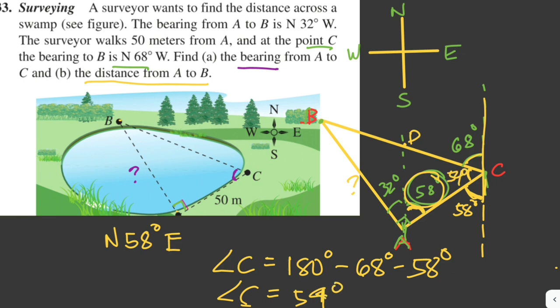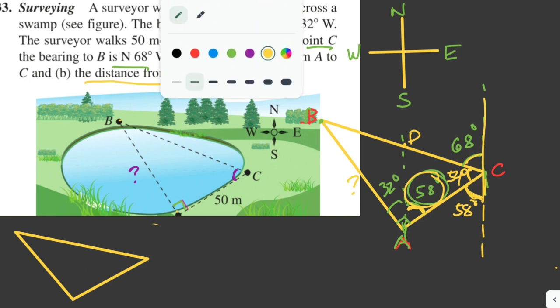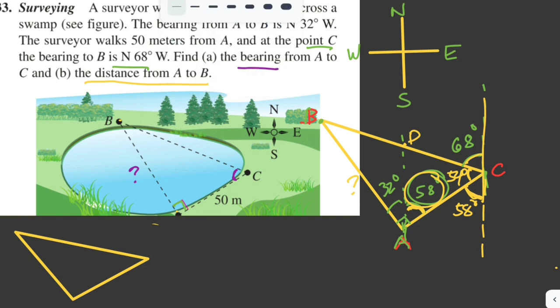Now we already have the measure of angle C, so we can solve for the distance from A to B. So this is 54 degrees, this is 90, and this is point A, point B, point C, and we need to solve for this. I forgot, this is 50 meters here.